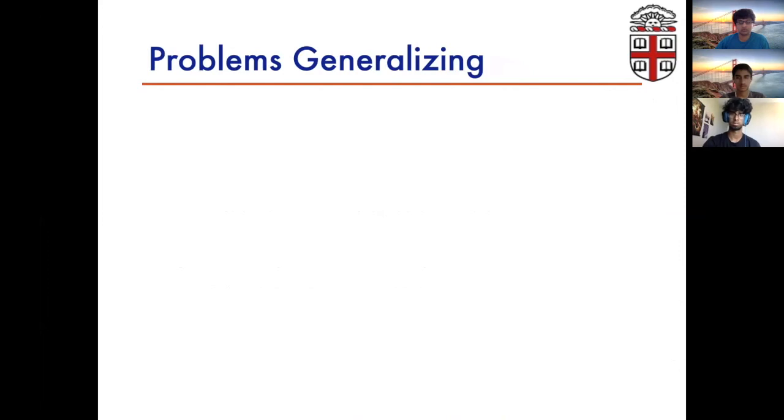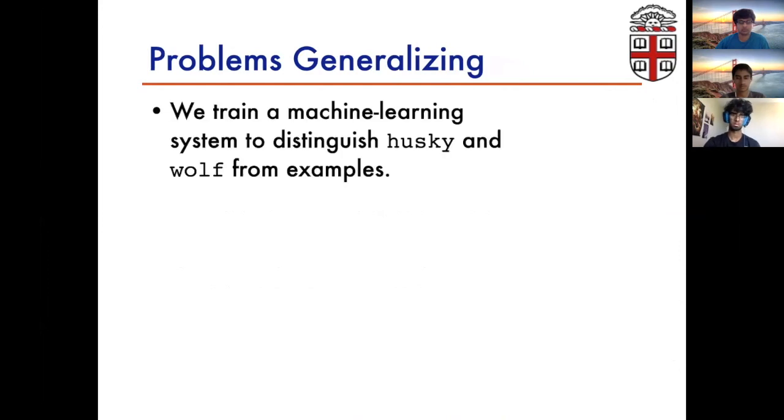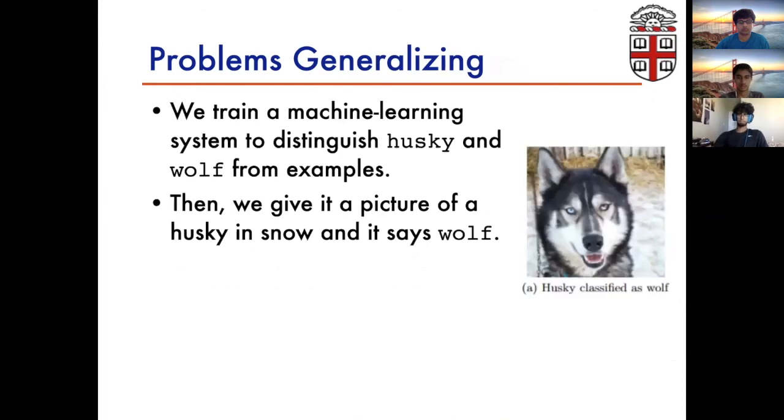One of the problems with this kind of system is it can be very hard to generalize appropriately from the data it was trained on to the data you want it to work on. One famous example is a system that classified husky dogs as wolves if they had snow in the background.